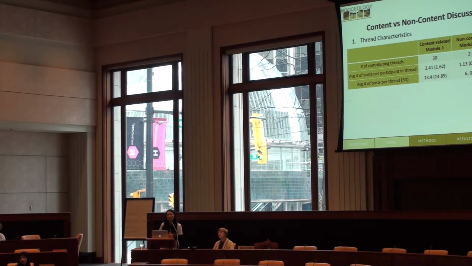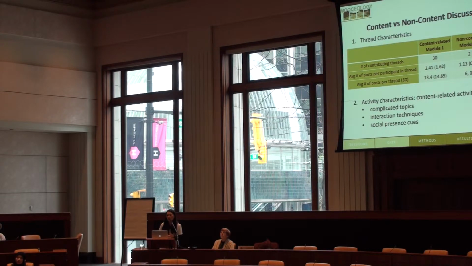And these assumptions and findings were echoed by our findings from the qualitative examination of the discussion posts. We found content-related discussions quite often involve more complicated topics, such as understanding of abstract concepts or problem-solving process. Learners used more diversified techniques to communicate. For instance, they asked follow-up questions, they used examples, and they paraphrased themselves. And also, they used a lot of social presence cues in their conversation.